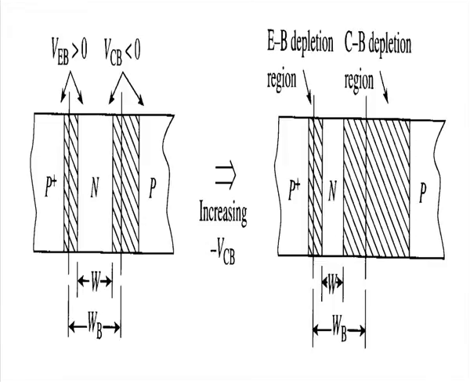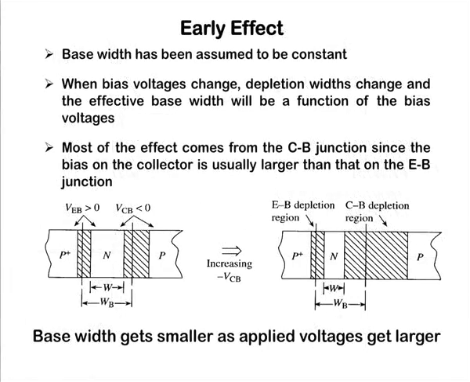When we apply more voltage, the base width reduces, and due to this base width modulation we get a slope in our output current.